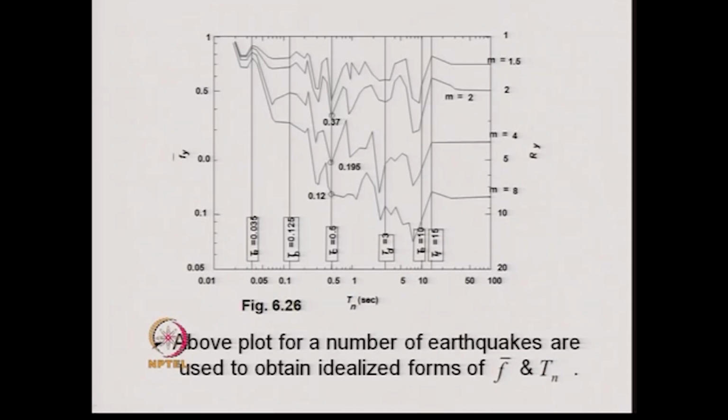The use of this kind of curve is that for a particular value of ductility, if we have such an idealized curve, then using that curve one can find the value of f bar y corresponding to a particular value of T n. And once we get that, then from f bar y one can calculate f y, or the yield strength for the equivalent single degree of freedom system.